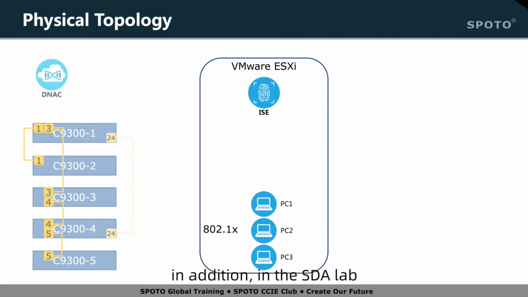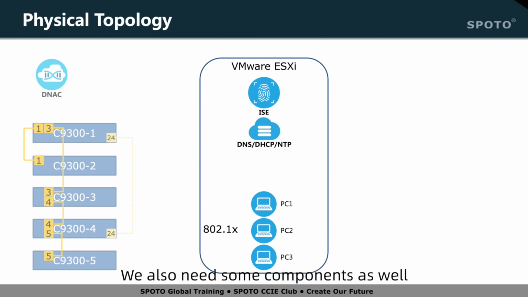In addition, in the SDA lab, we need the Cisco ISE as well. Over here, this is the Cisco ISE, and this is a must-have for this lab. We also need some components as well, for example, DHCP, DNS, and NTP.